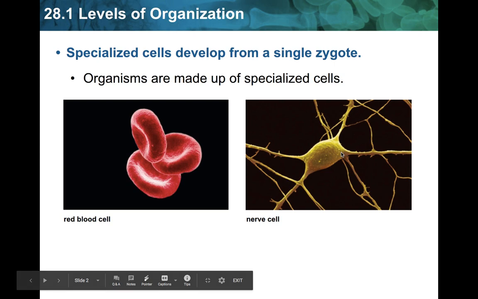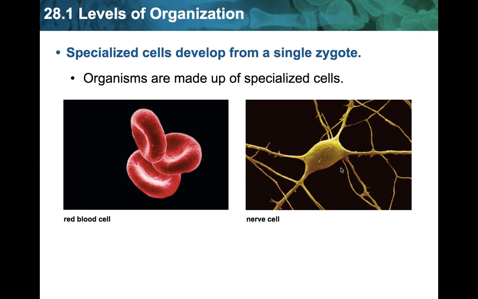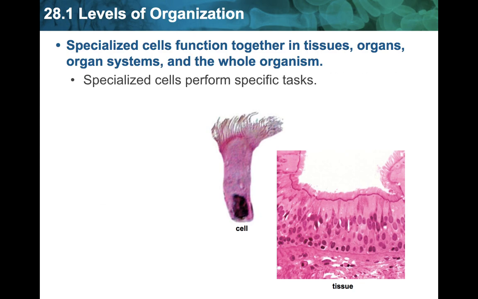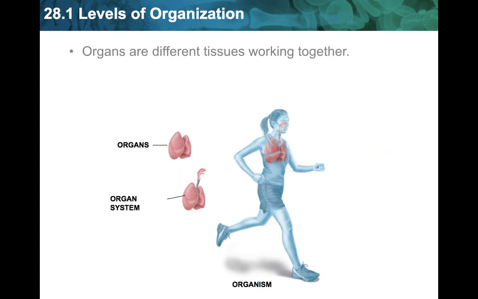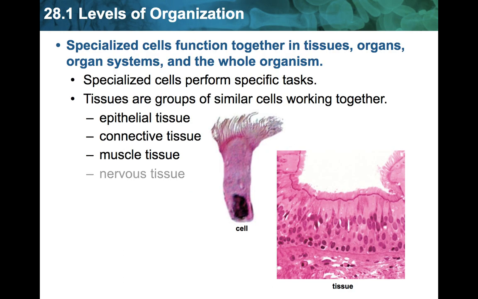And your nerve cells are shaped like this because we're going to talk about different things called axons and how thoughts process and neurons fire and travel along different parts of the axon, like on the arm. We'll talk about that all later on. But as you can see, specialized cells perform specific tasks because structure determines function.